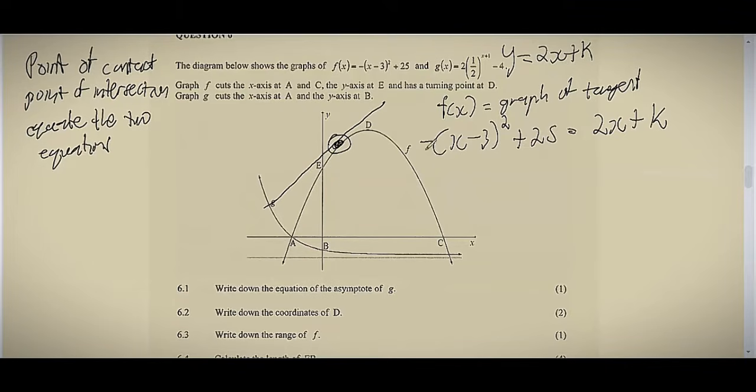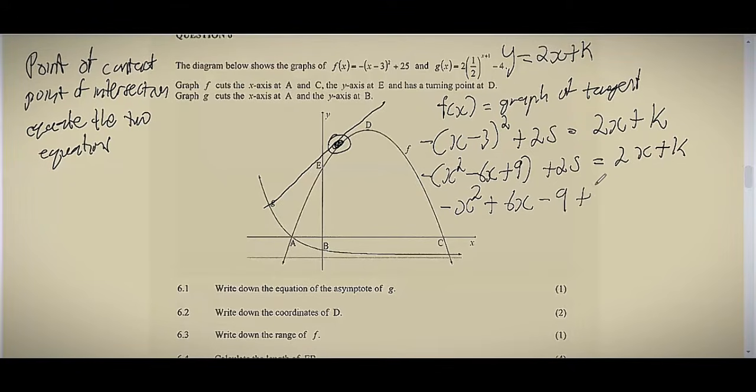So to solve this one, if we expand here, this will end up being negative (x squared minus 6x plus 9) plus 25 equals 2x plus k. If we multiply with this negative outside, this is negative x squared plus 6x, minus 9 plus 25 equals 2x plus k, right?